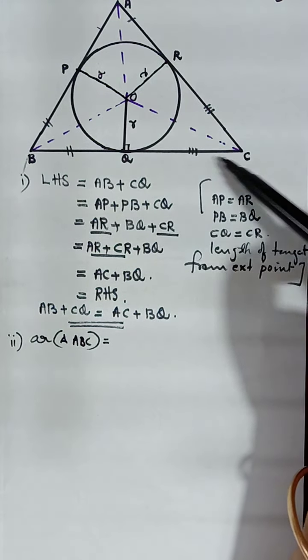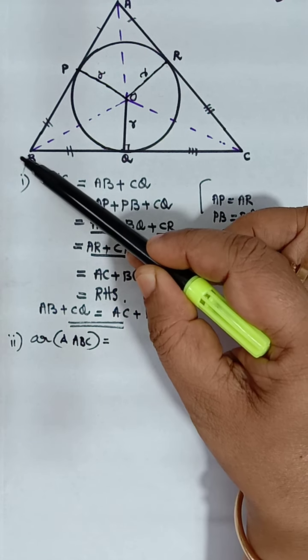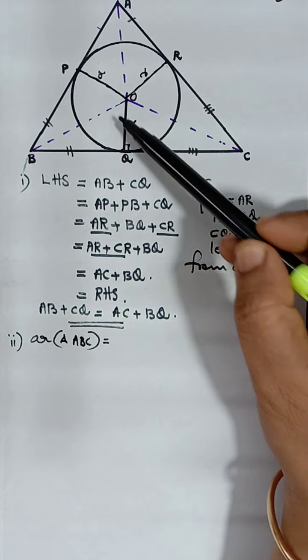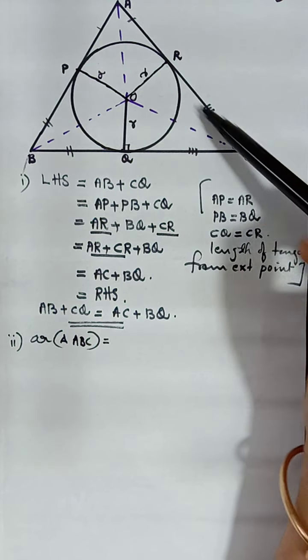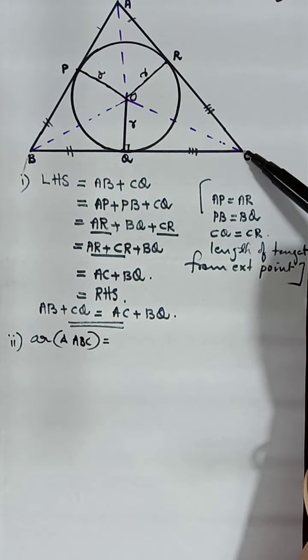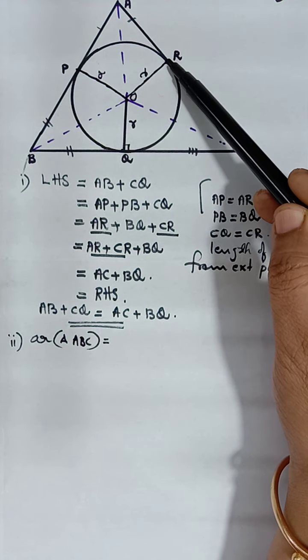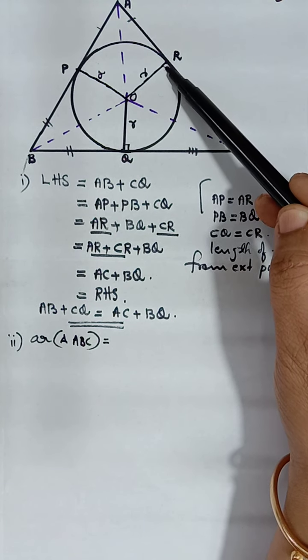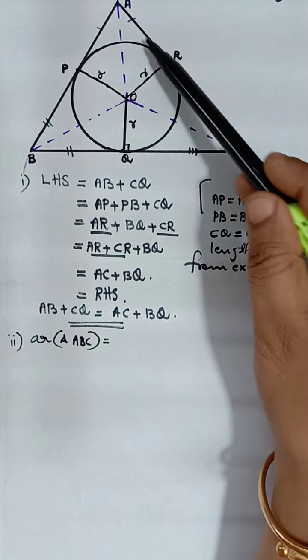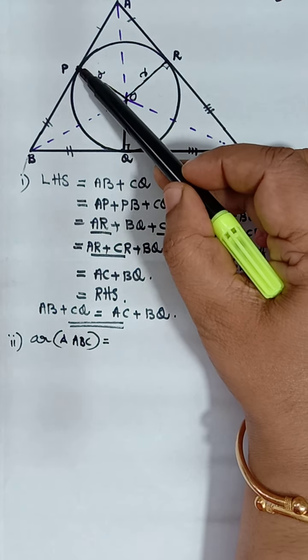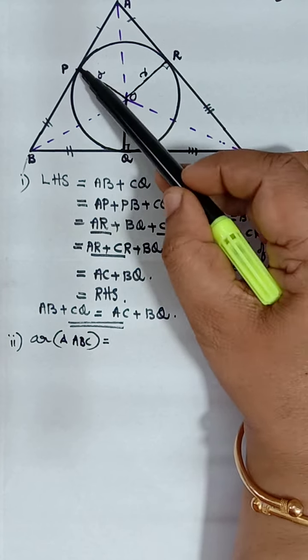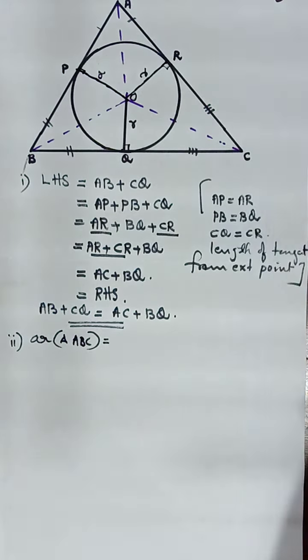For BOC triangle, area will be half into base BC into height OQ. Similarly, for AOC triangle, half into base AC into height OR. From base, the perpendicular drawn. This is radius perpendicular to tangent. That is why. Similarly, this radius also perpendicular to this. So, it is the height of the triangle AOB.